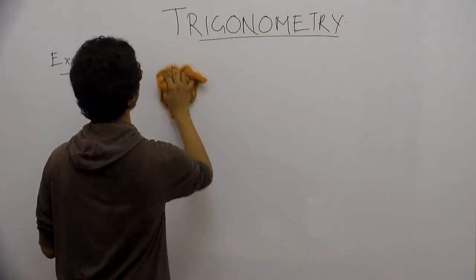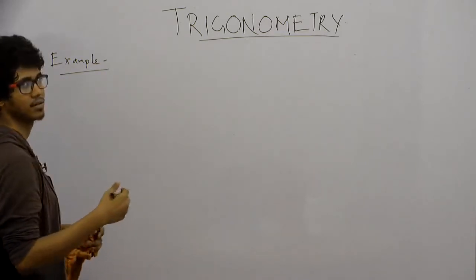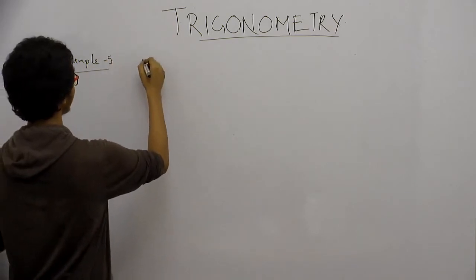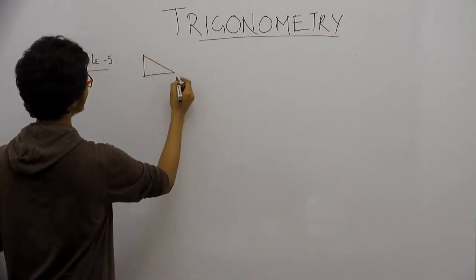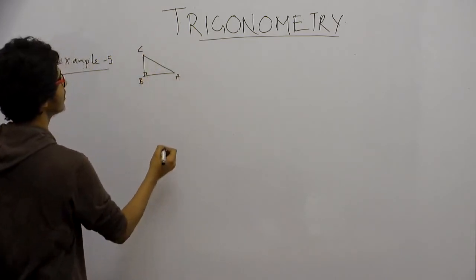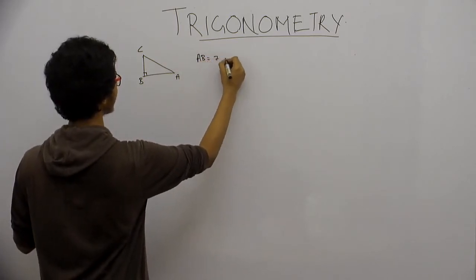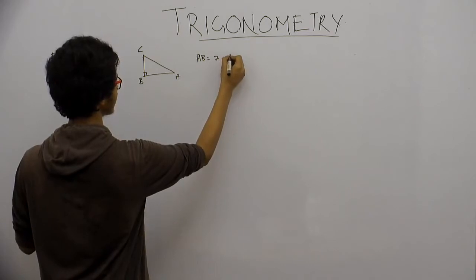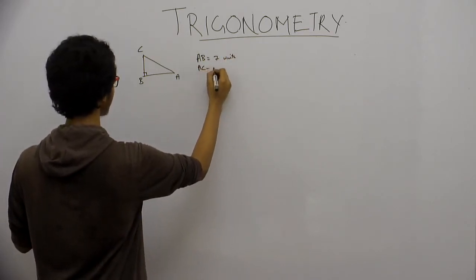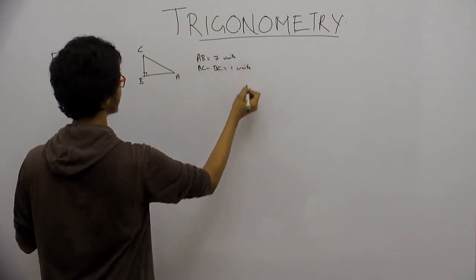Let's do a final example and then we'll move on to the next subtopic inside trigonometry. Okay? We are given a right angle triangle ABC, right angle at B. It is given that AB equals 7 units, and we are also given that AC minus BC equals 1 unit.